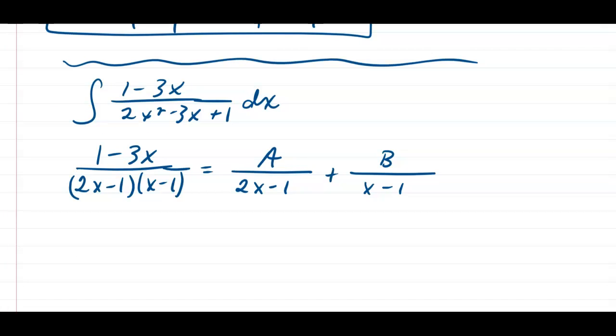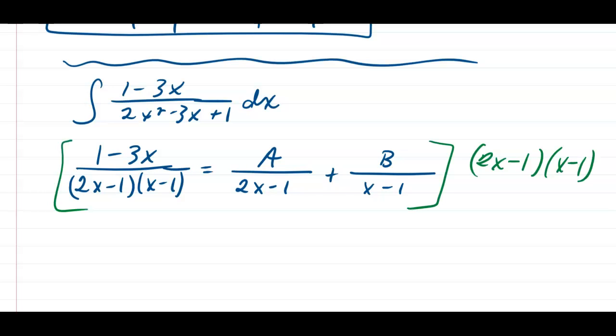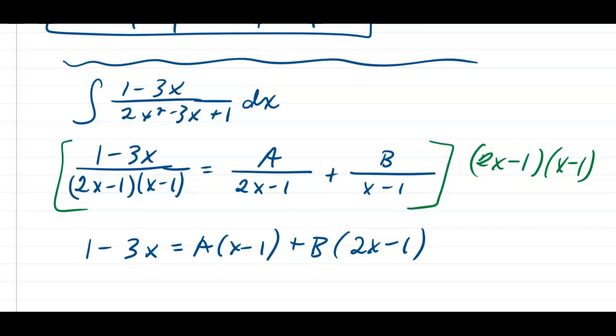How are we going to solve for a and b? Well, we can see that if we multiply everything by 2x minus 1 times x minus 1, we will find that 1 minus 3x is equal to a times (x minus 1) plus b times (2x minus 1).